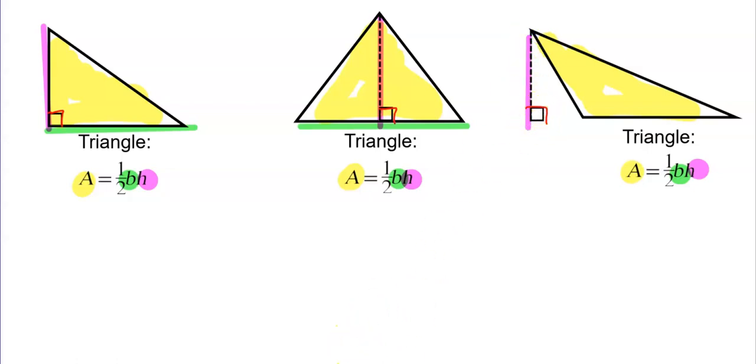When we're saying perpendicular, it's perpendicular to the line that contains the base. So this length right here is the base, but height is perpendicular to that base. So we've got base, we've got height.